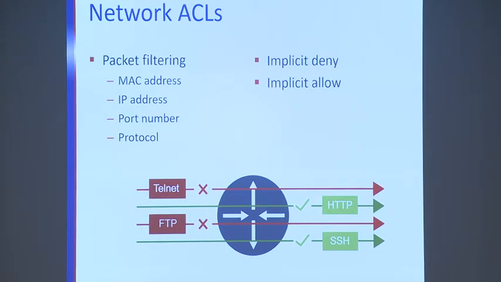So in this one, I am blocking Telnet, I'm allowing HTTP, I'm going to block FTP, and I'm going to allow SSH. So I have to start thinking about what are the things I want to allow? What is it that I want to block? Which interface do I put this on? These are the things we think of with any access control list.